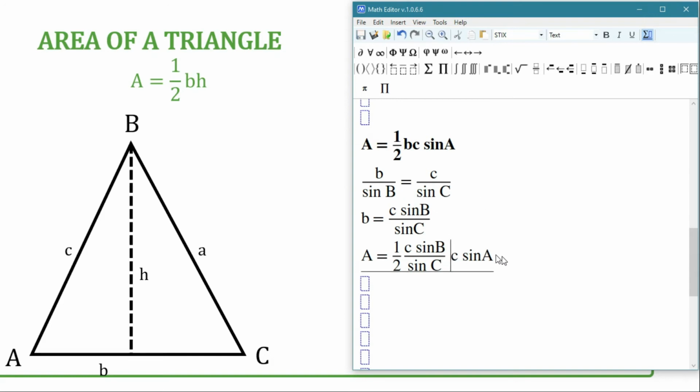But we can actually simplify this one. By simplifying, we have 1 times C times sine of B times C times sine of A. Since they are all numerators, we can have C times C, that's C square.